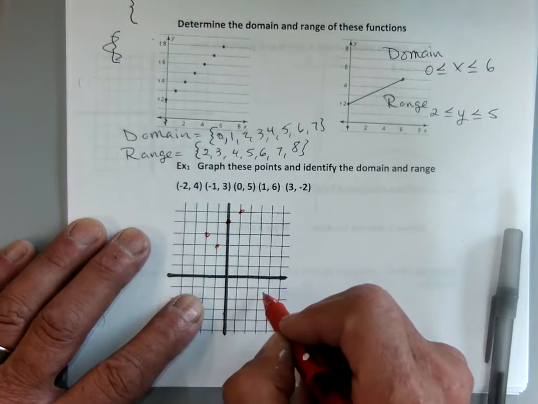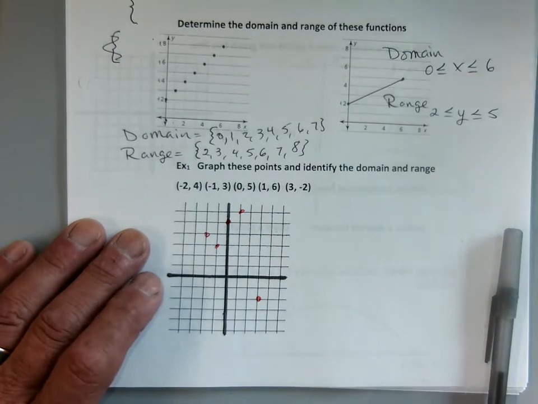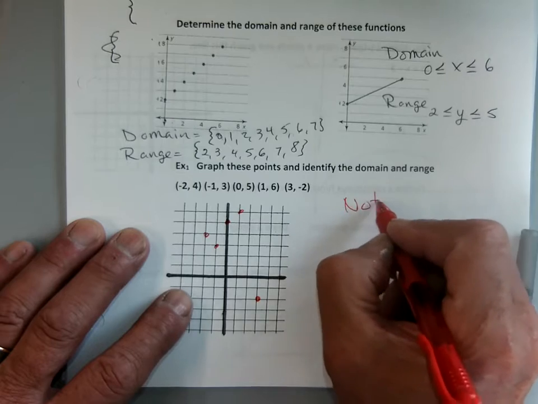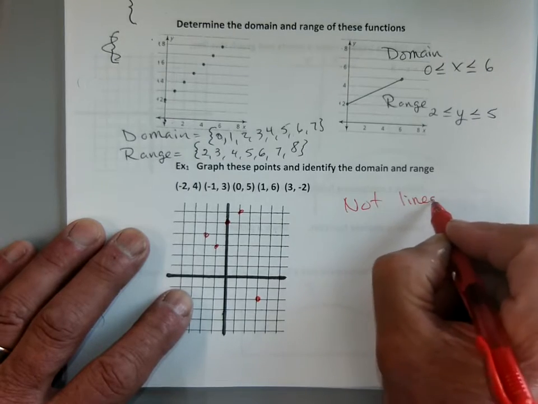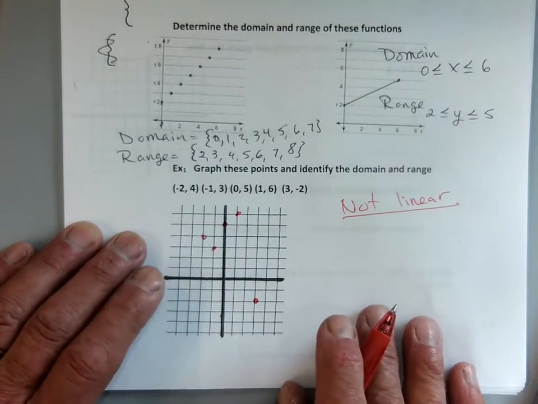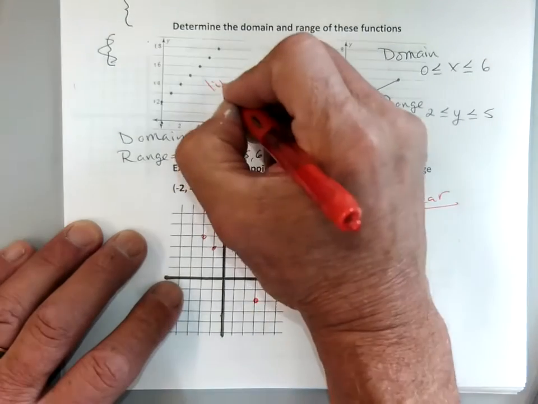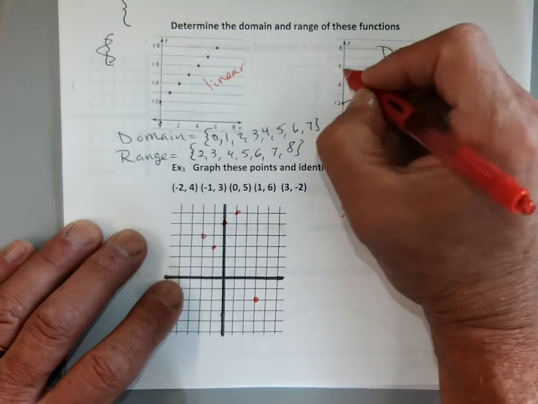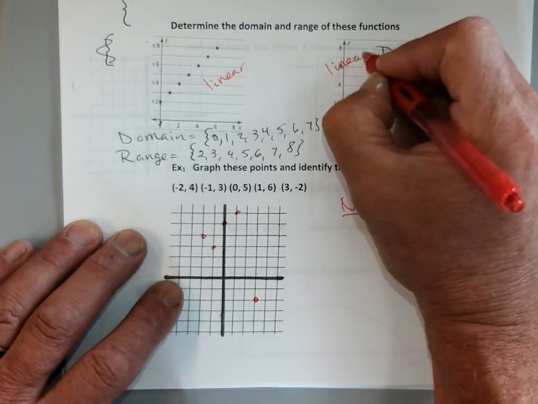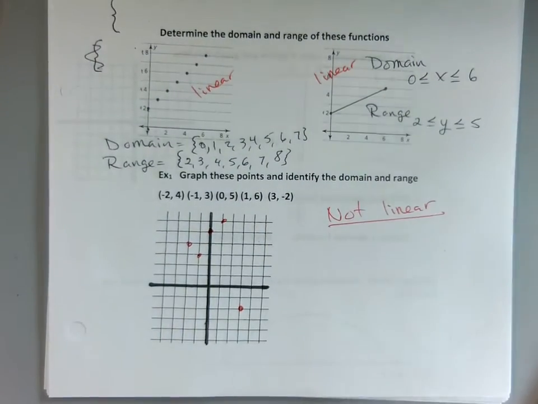And 3, -2. First of all, not linear. No way. Not linear at all. That one's definitely linear, and this one's linear also. Right? Linear, straight line, straight line. That one's not linear. It's all over the place.